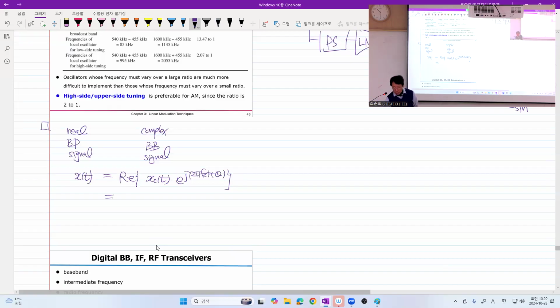And if we define this complex signal as a real part and j imaginary part, or amplitude and phase, okay, now you have two mathematically same but different looking equations.